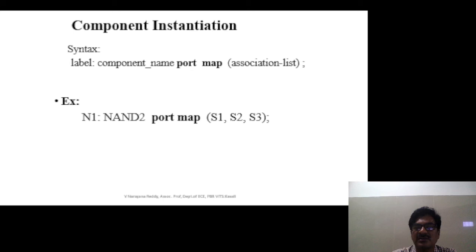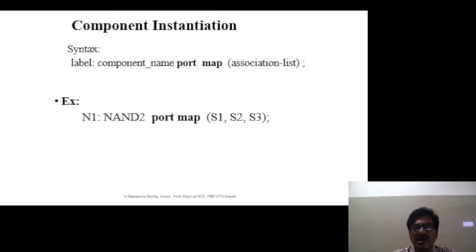An example is also there. For the same component, the NAND gate, the instantiation statement is developed like this: start with the label name, which is also a user defined name, colon. The component name is whatever name you have given in the component declaration; the same component name you have to use.